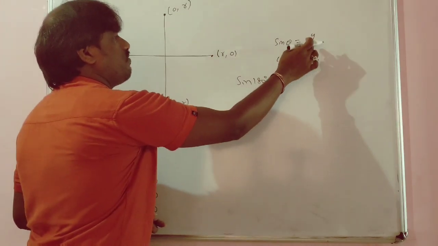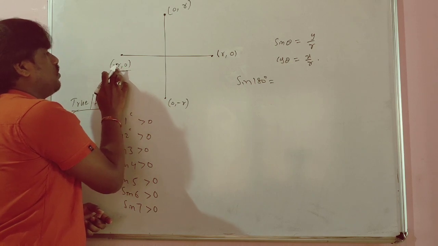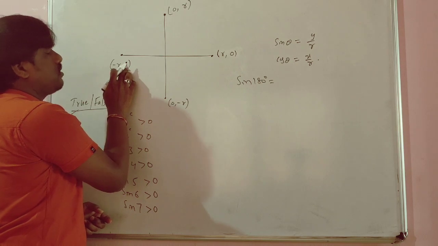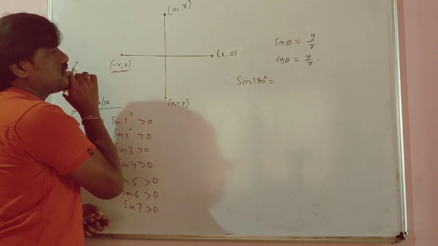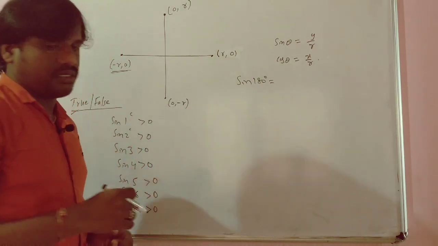Then what is the value of y by r? x is 0, and y is 0. So the y value is 0 divided by r, so 0 by r, right?